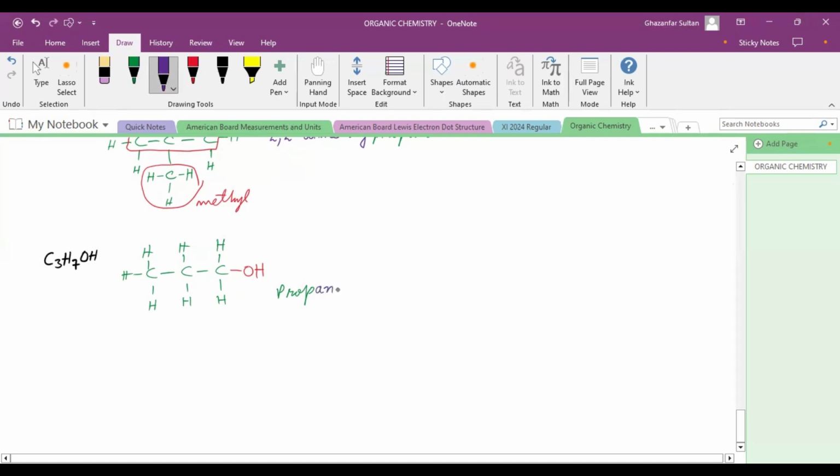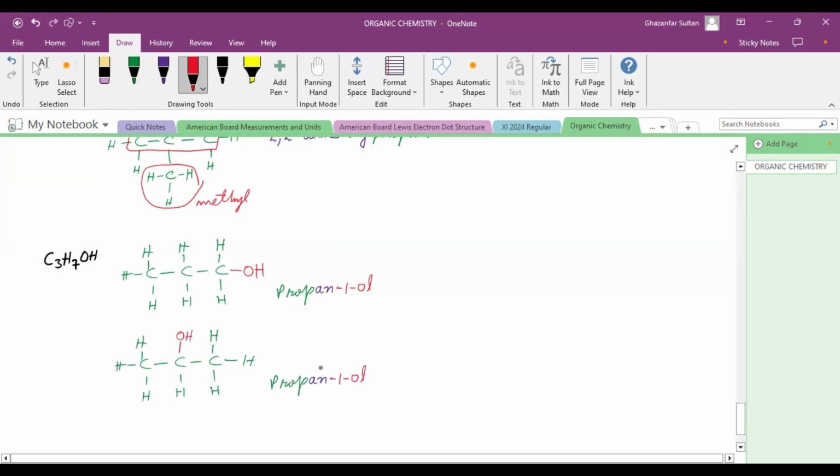We don't write E because the next part that we are going to write is ol. Both have the vowel, so to avoid two consecutive vowels, we omit the E from the ending of the ane. So it is propan-1-ol.